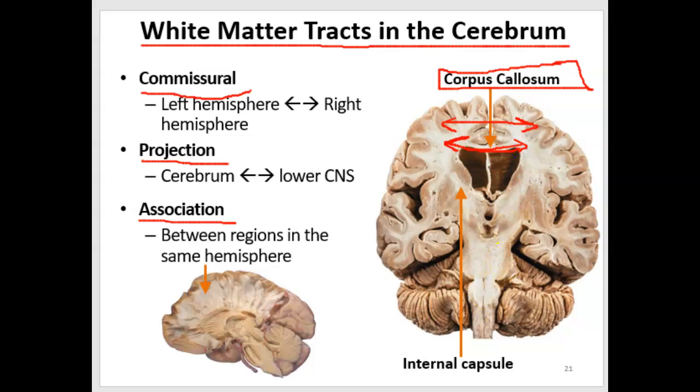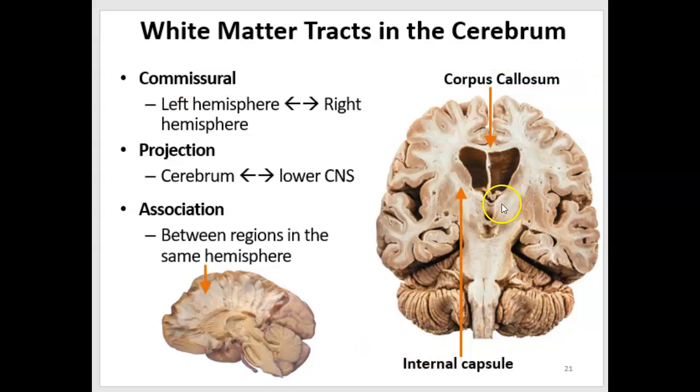Projection tracts, our second type, carry information that's traveling up and down between high cerebrum to lower CNS, like lower parts of the brain or the spinal cord, or vice versa, from low to high.